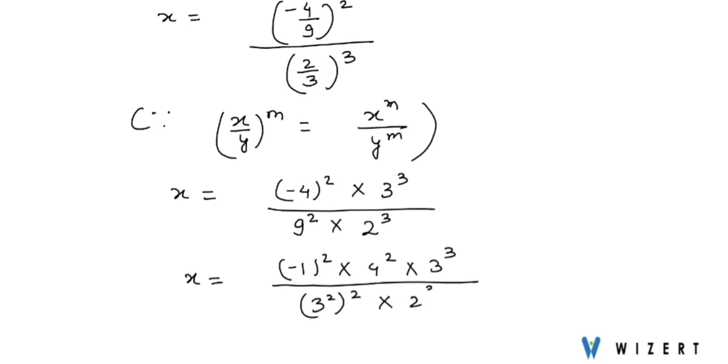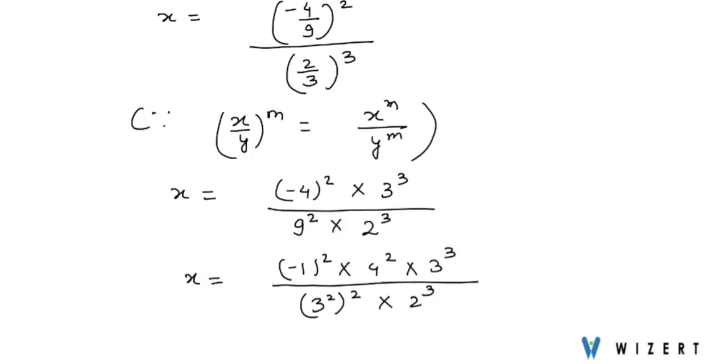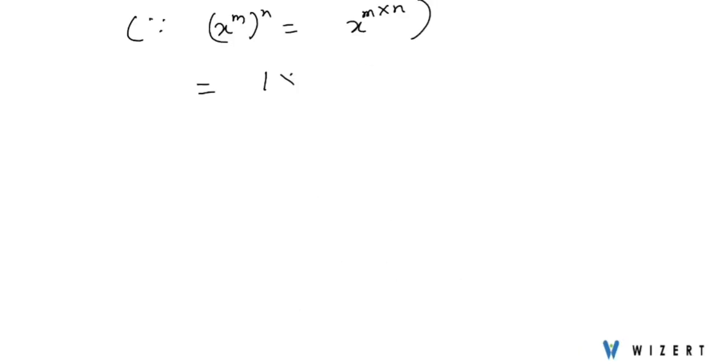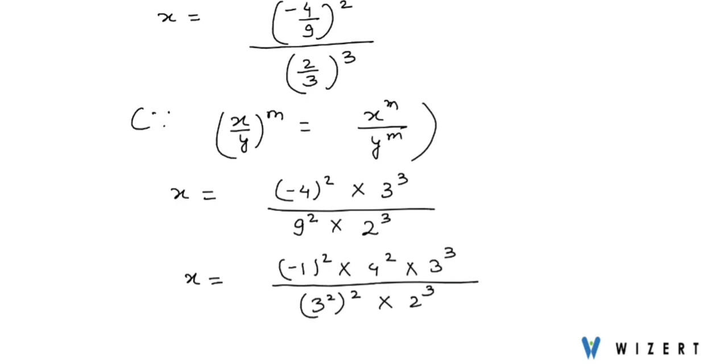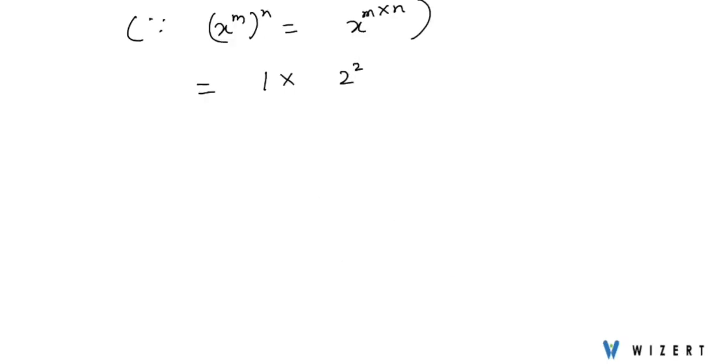So this is, let's solve this. Let's use another property: x to the power m to the power n can be written as x to the power m multiplied by n. So here minus 1 to the power 2. Minus 1 to an even power is always 1. So 1 multiplied by 2. 4 can be written as 2 square, so 2 to the power 2 multiplied by 3 to the power 3.